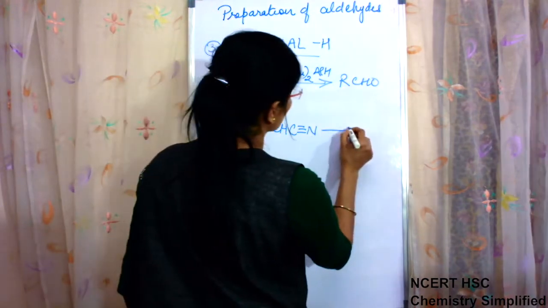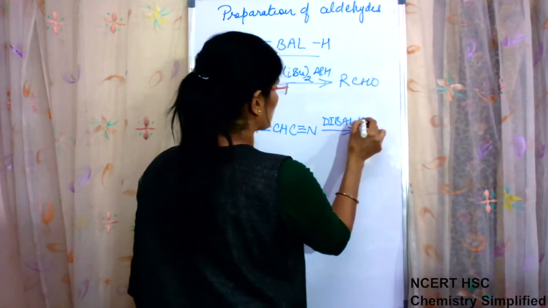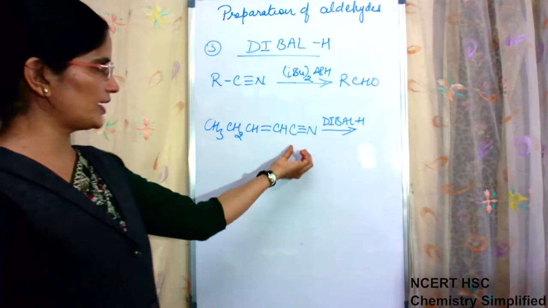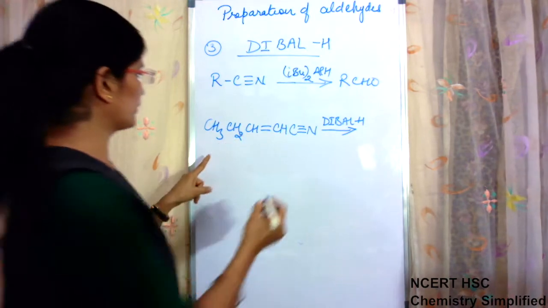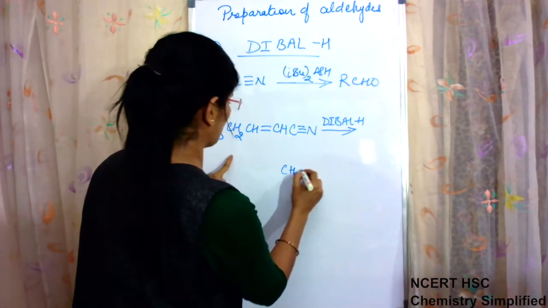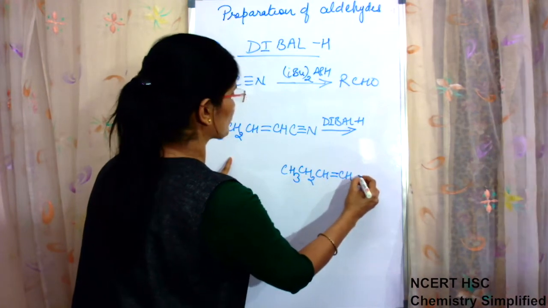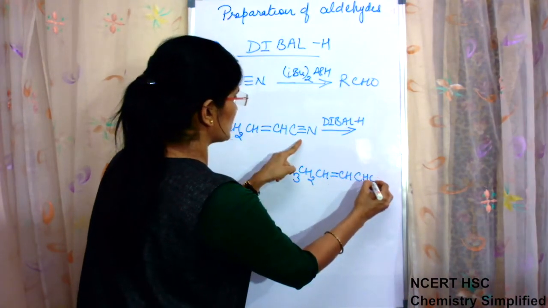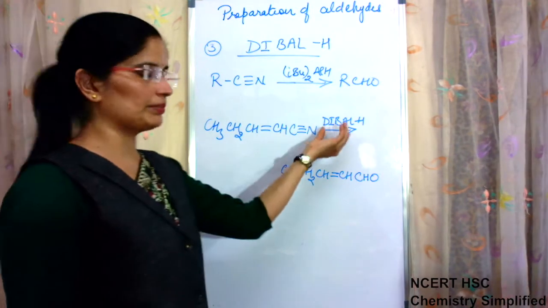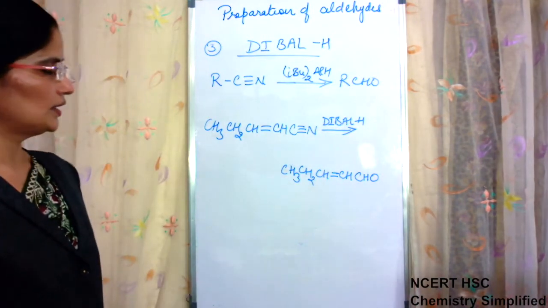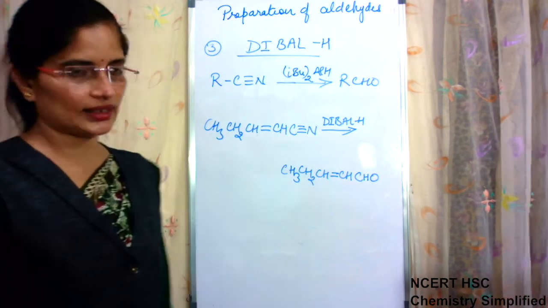If it is reduced using DIBAL-H, then it causes reduction of nitrile into aldehyde without affecting the double bond. CH3, CH2, CH double bond CH, and this will be CHO. So this is a specialty of DIBAL-H. It selectively reduces nitriles into aldehyde.